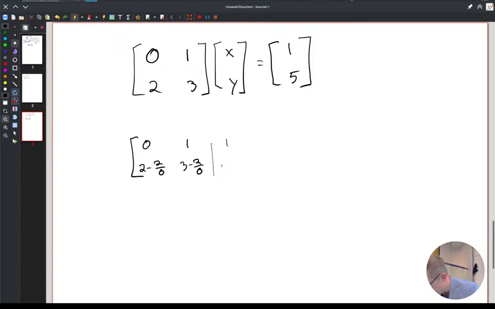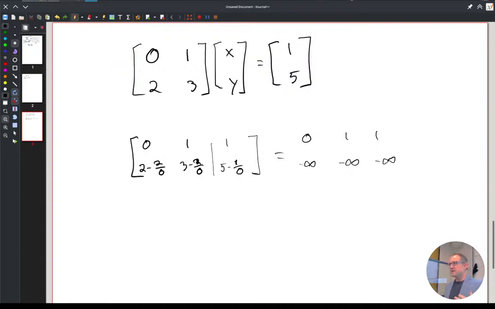1, and then 5 minus 1 over 0, like that. I guess this should be... this is the output from my naive Gauss elimination, is that I now have 0s and 1s.